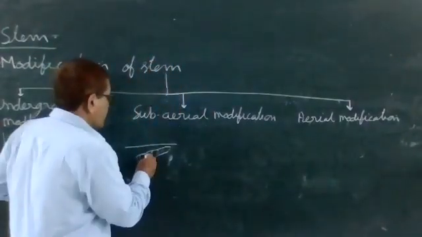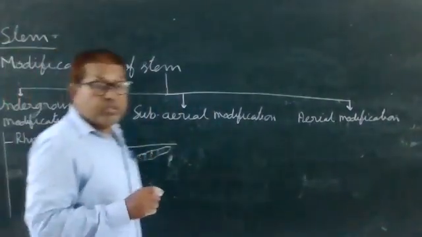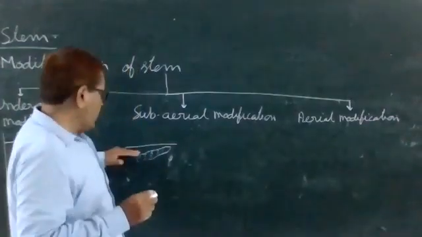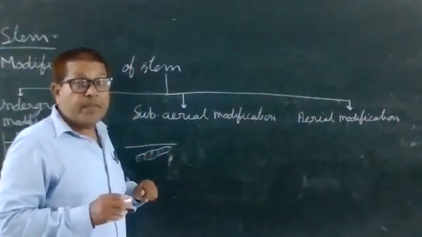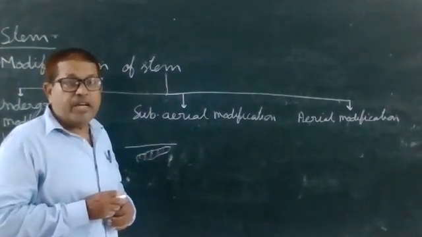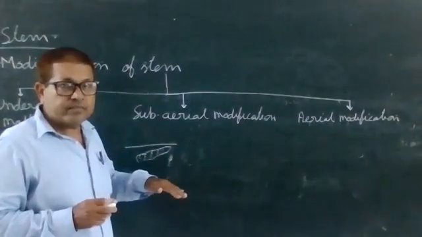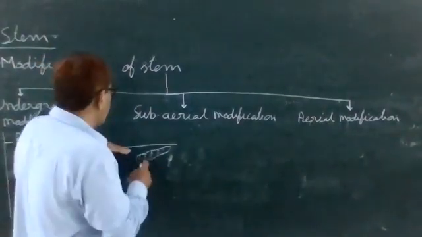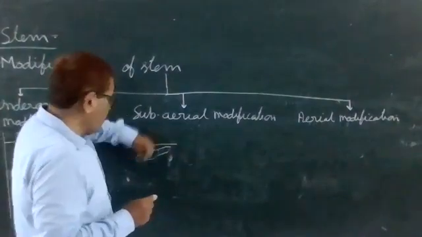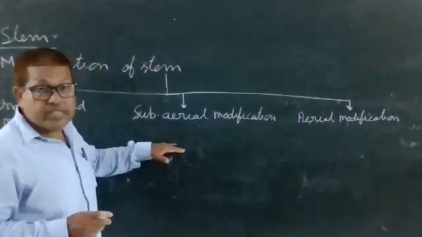So this is about the rhizome. It moves parallel to the ground, or horizontal. It would not go deep into the soil, but grows in this direction.